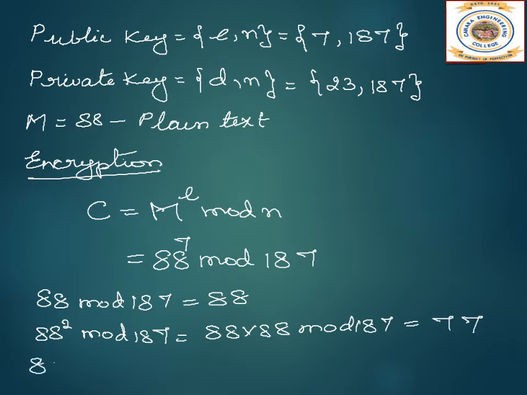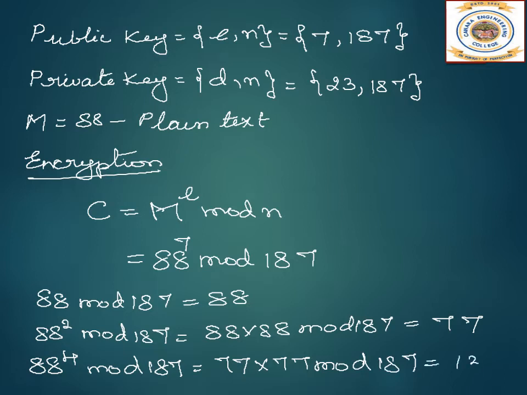Next, 88 to the power 4 mod 187 is 88 square into 88 square, so I write 77 into 77 mod 187, which I get as 132. Continuing, so we have come up to that.